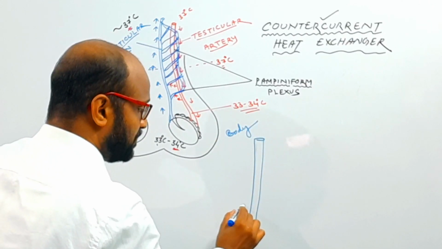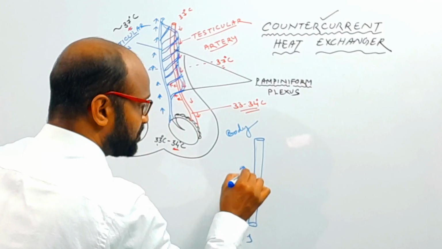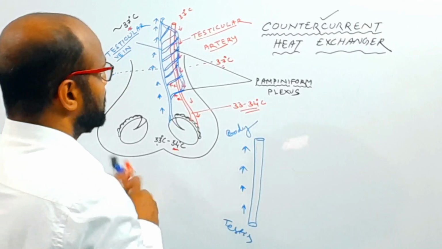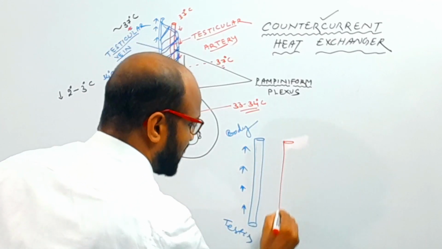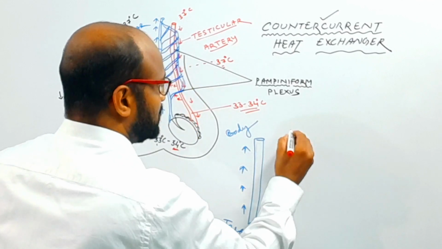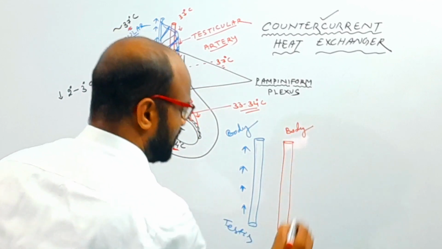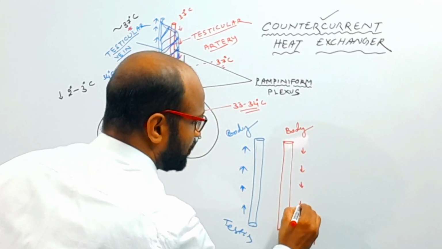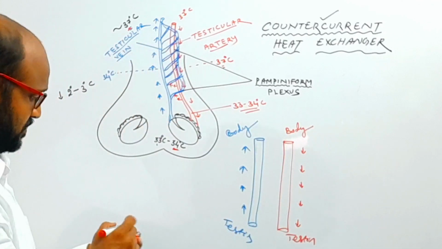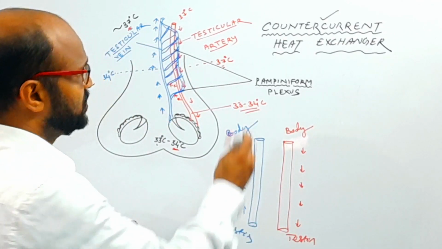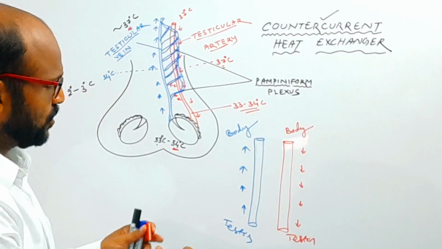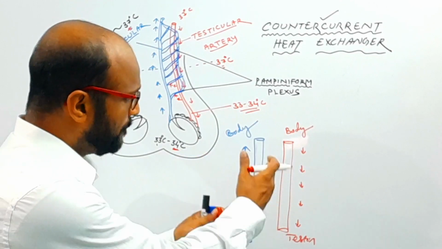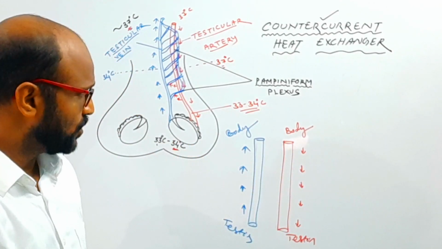This vein carries the blood from the testis to the body, and this is the testicular artery, which carries the blood from the body to the testis. So the blood flows in different parallel vessels in opposite directions, which is known as the counter current.